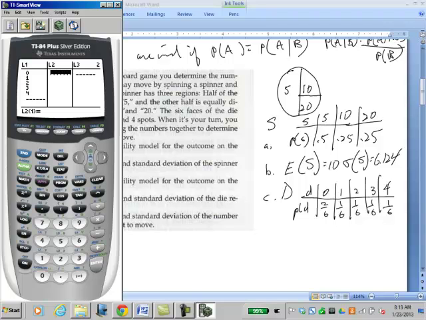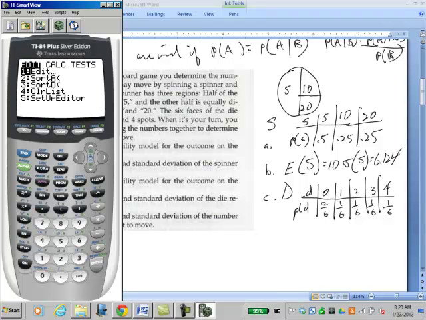Double check. Then put in the probabilities: 2 over 6, 1 over 6, 1 over 6, 1 over 6, 1 over 6.